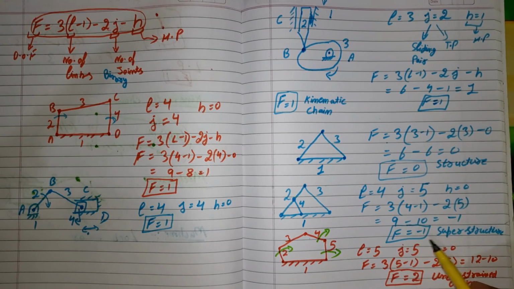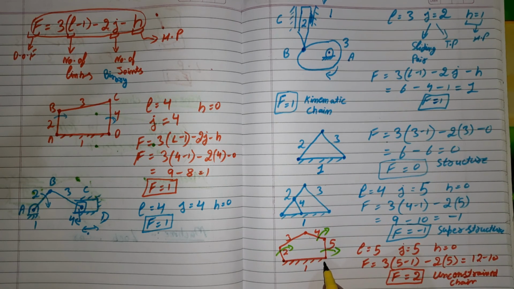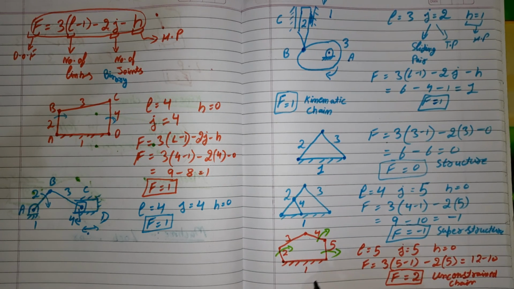If degrees of freedom is negative, then it is a superstructure. And if degrees of freedom is more than 1, then we have more than one output, or we can say more than one motion. Then this forms an unconstrained chain. This does not form a kinematic chain. According to our definition, this does not fulfill our requirement.